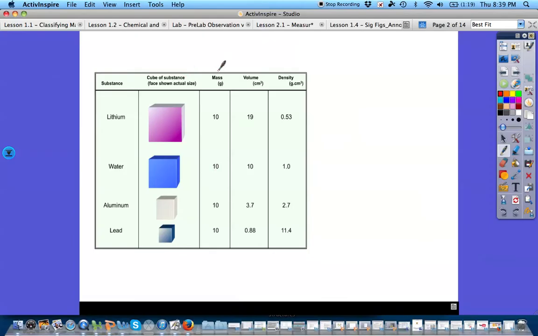Notice that the mass of all of them are the same. They're all 10 grams. The volume is different, and it gets smaller as we go down.